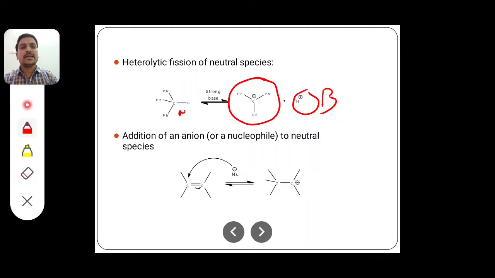If a nucleophile attacks the carbon-carbon double bond, the nucleophile will attack one of the carbons, and the double bond will open on the other carbon, which will acquire negative charge. So this is the carbanion generated here. Addition of an anion or any nucleophilic species across a neutral species or carbon-carbon double bond can generate carbanion.